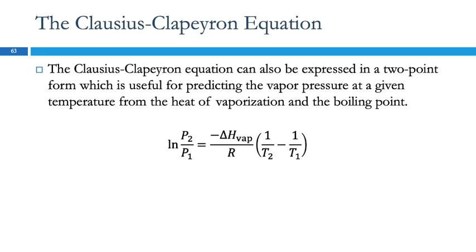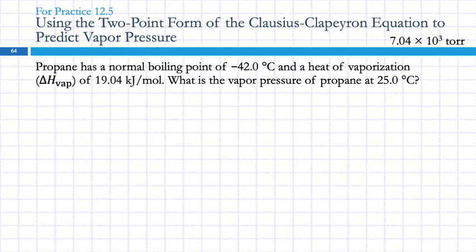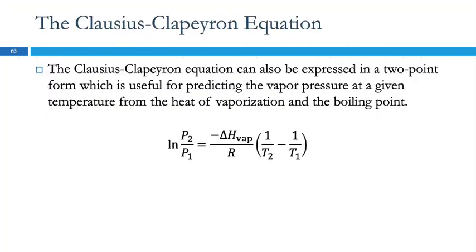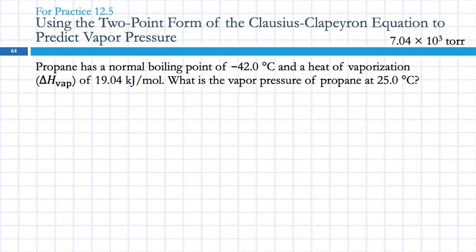So here we have pressure 2 and pressure 1, temperature 2 and temperature 1, and then delta H. Those are all the variables. If we know 4 of them, we can calculate the 5th. And so that's what this problem is going to do. The answer's right up there, that's okay.